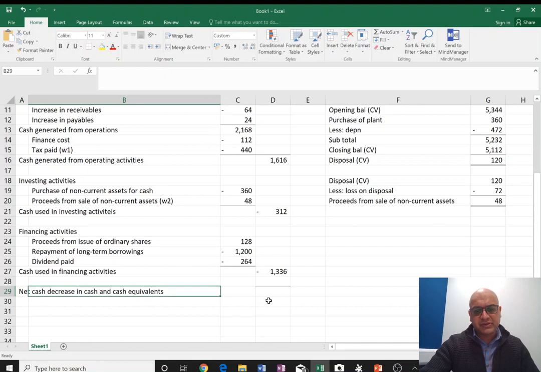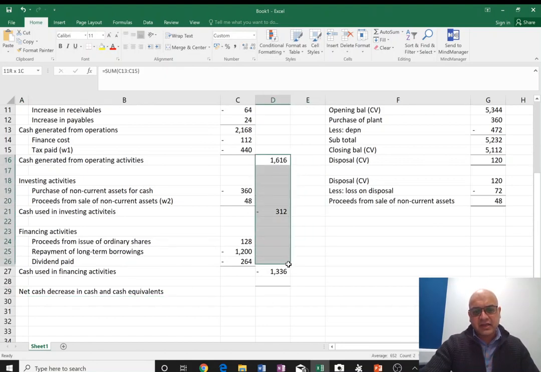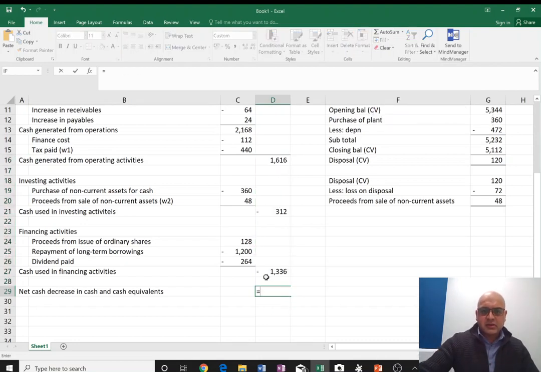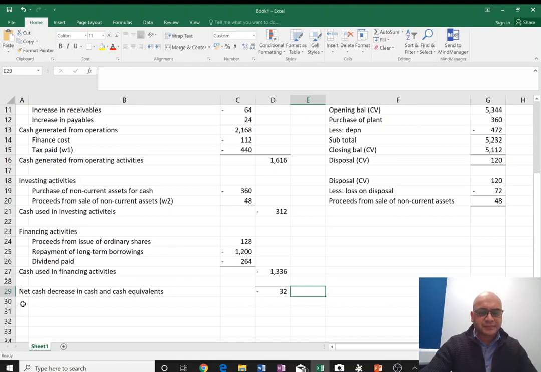Let's do some adding up here and see if we are right or not. We get negative 30, so there is a decrease in the cash.